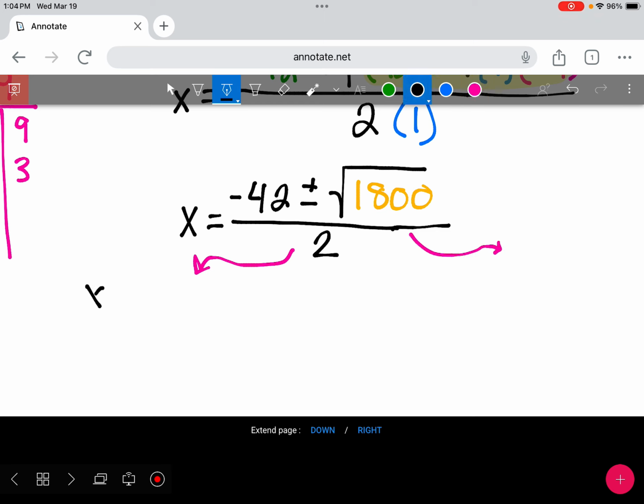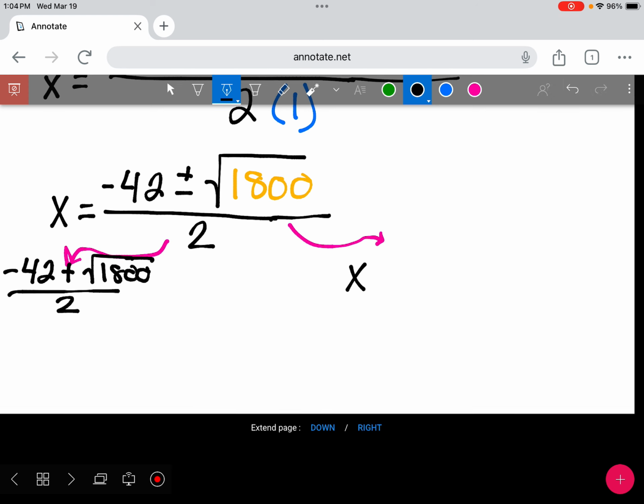So we need to figure out what x equals, our negative 42 plus the square root of 1800, over 2. And we're going to figure out what x equals, negative 42 minus our square root of 1800. So when we have that plus or minus, we need to split it into our 2 possible options.